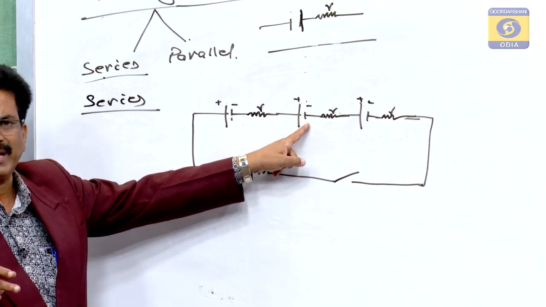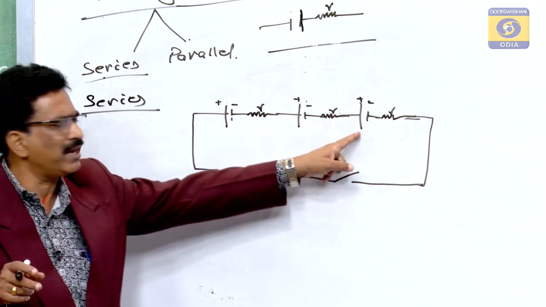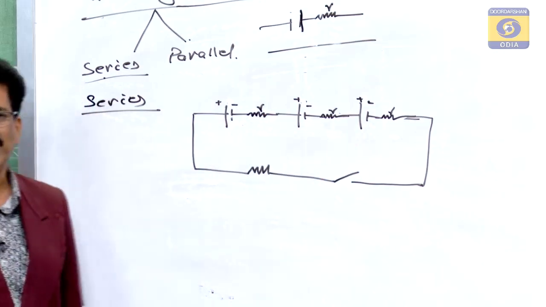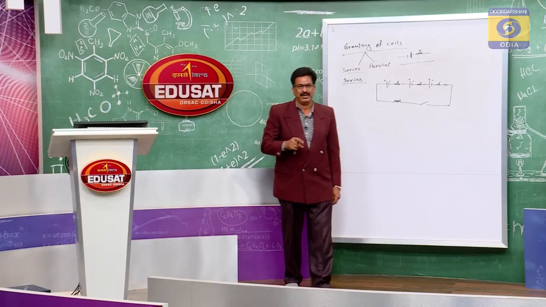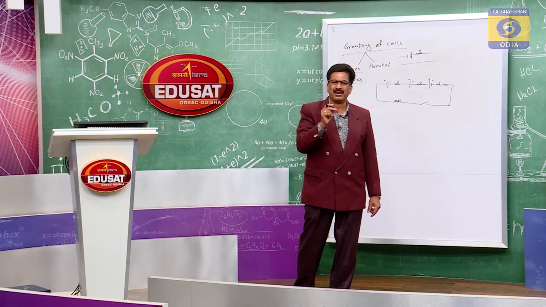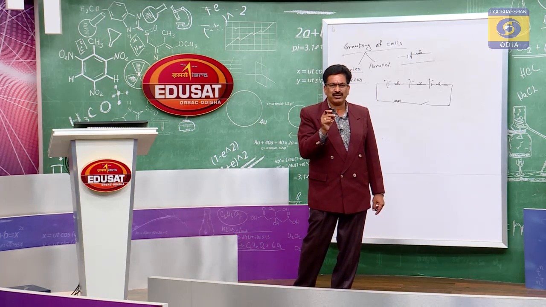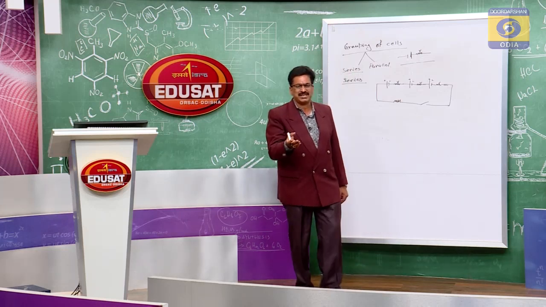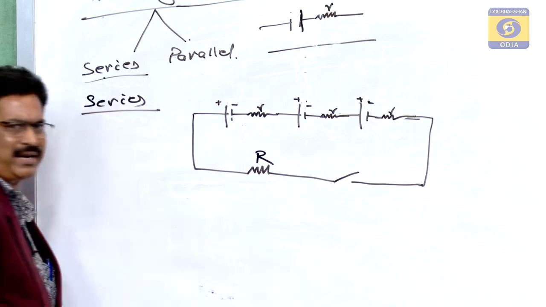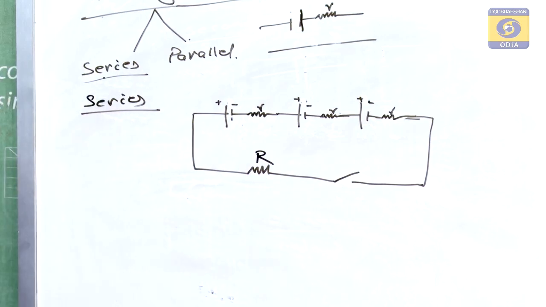The negative of the second one is connected with the positive of the third one. If this process goes on, that is called series grouping. The cells are said to be in series when the negative terminal of one cell is connected to the positive terminal of the next cell, and so on, and they are connected with the external resistance R.